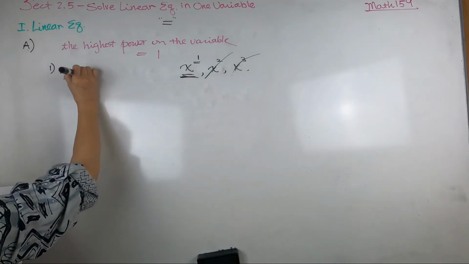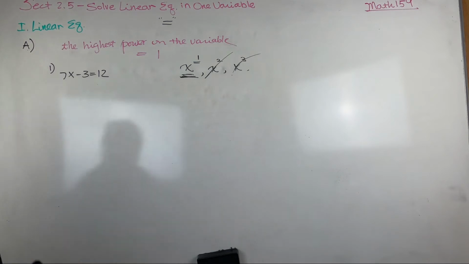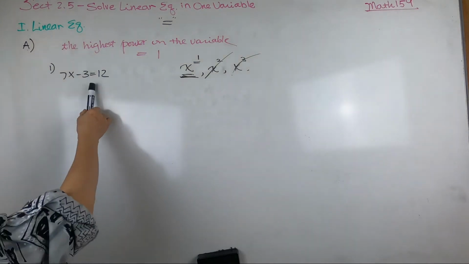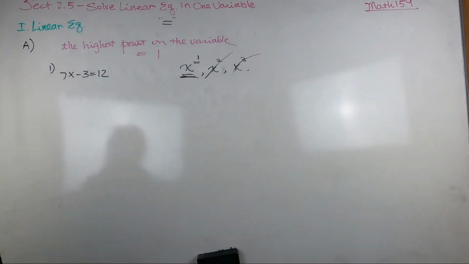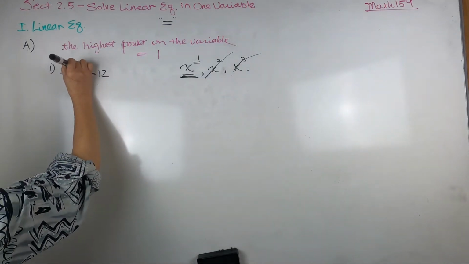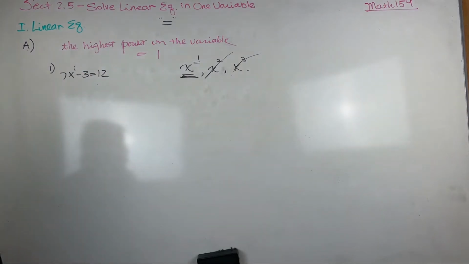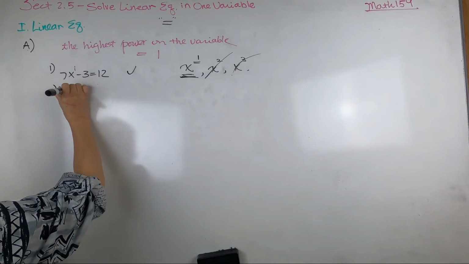If I have 7x minus 3 equals 12, do I have an equation? Equal sign, right? With a variable. Do we call it a linear equation? Your x as a base, the power is an invisible 1, right? So this is a linear equation.